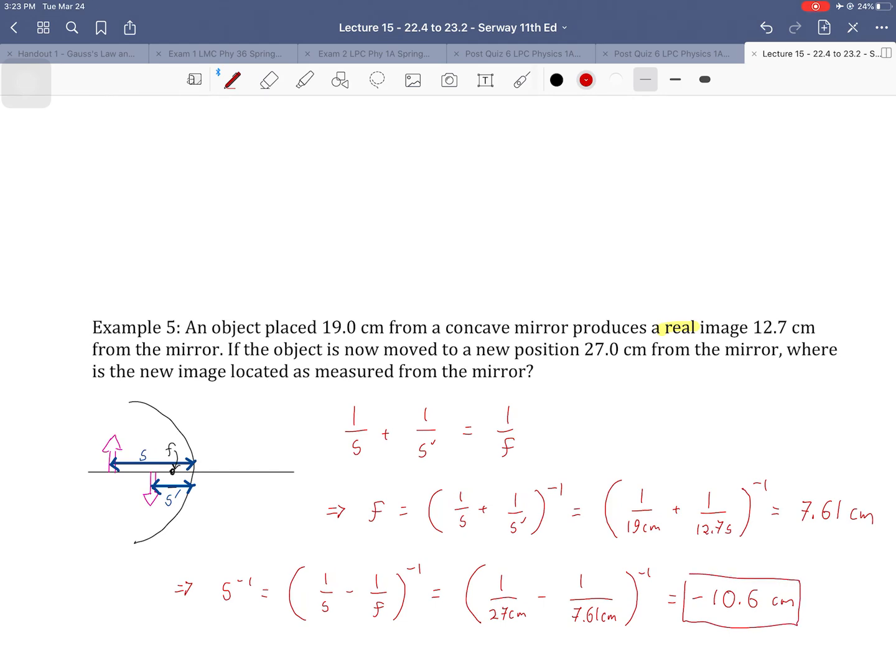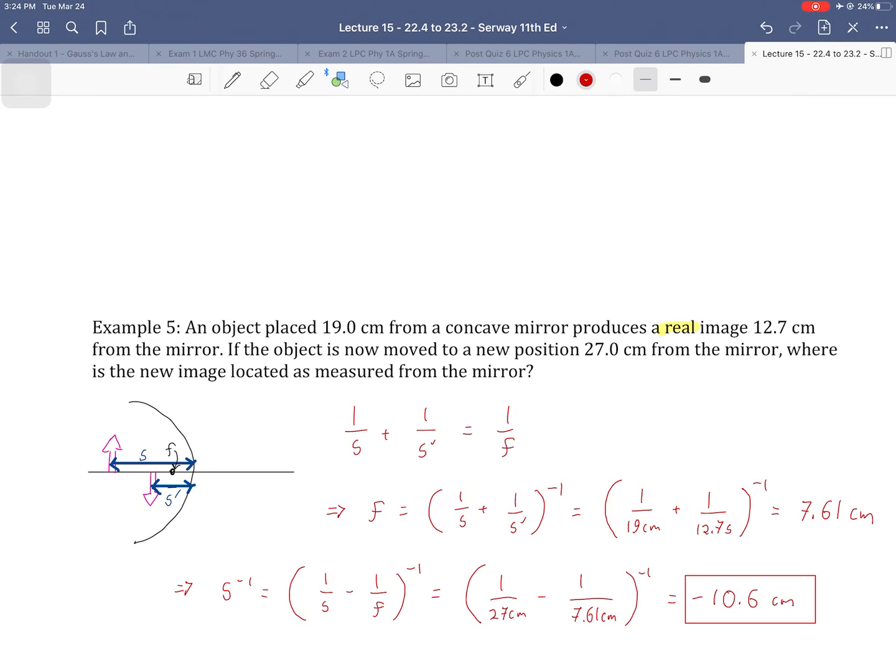All right, let's make sure that makes sense, by interpreting the answer. So negative 10.6 is telling us that that is giving us a virtual image. Because we moved much further away, our image is ending up behind.